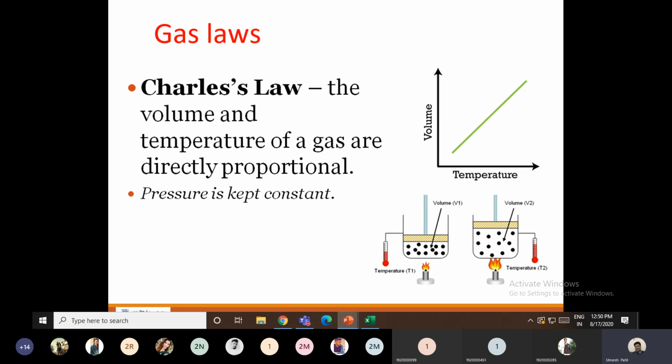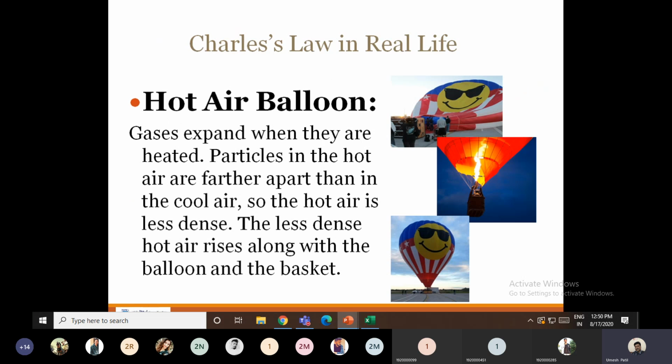So this is Charles law, and a very famous and common practical example of Charles law is the hot air balloon. I hope you at least know about the hot air balloon. Its working principle is based on Charles law. A hot air balloon mainly consists of a balloon which is attached to a basket, and through that basket we can move from ground level up to a certain height, and also cover a certain distance.